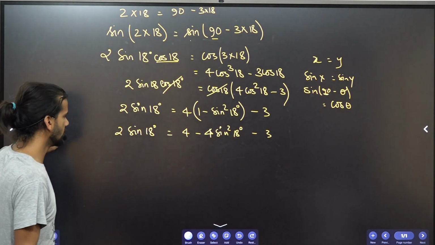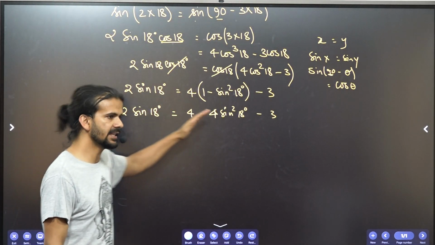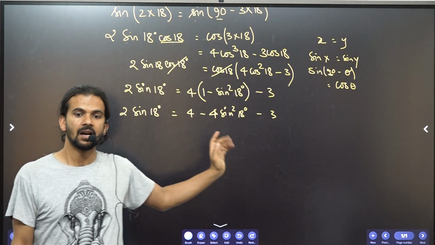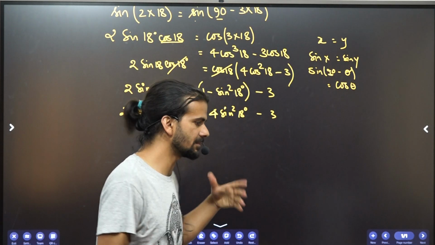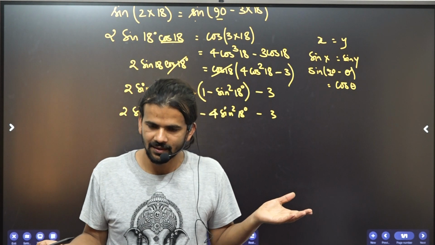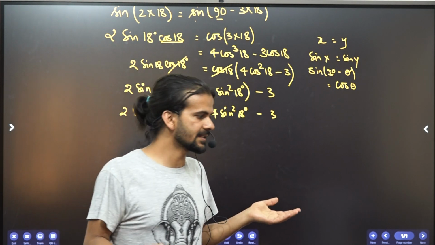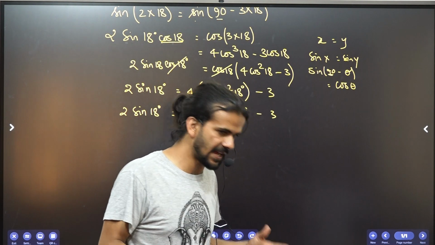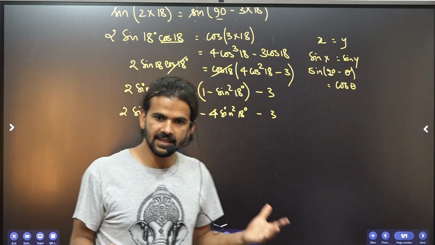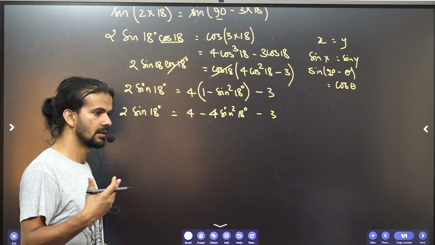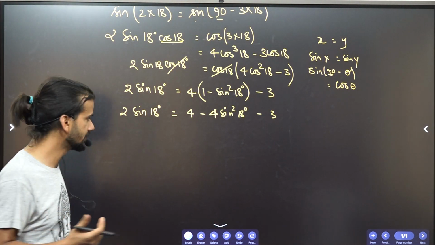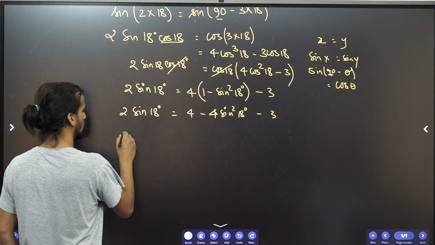Be very careful. Now this is an equation. What kind of equation? If sin 18 is a value that we don't know, this can be turned into a quadratic equation. We know how to solve quadratic equations, right?